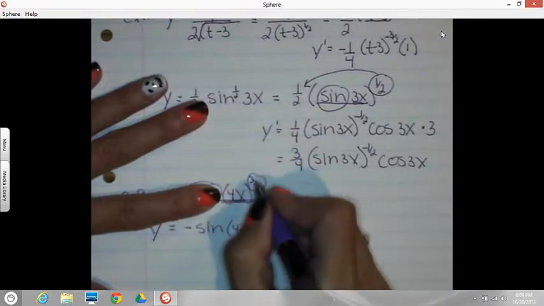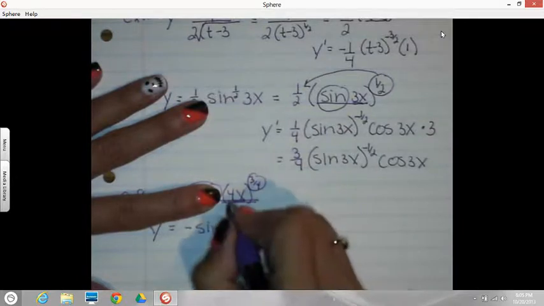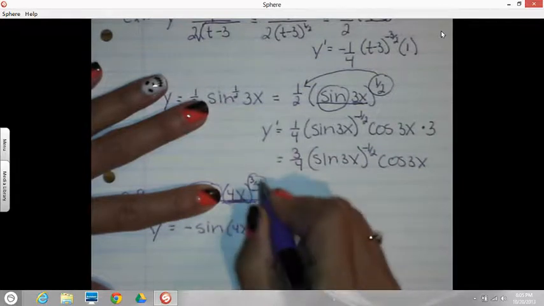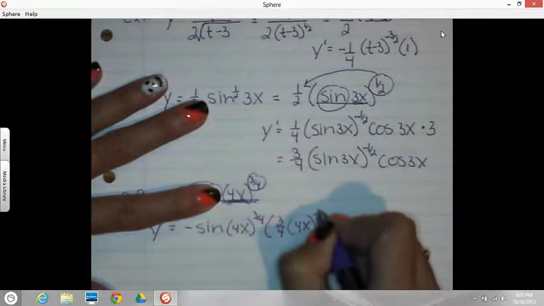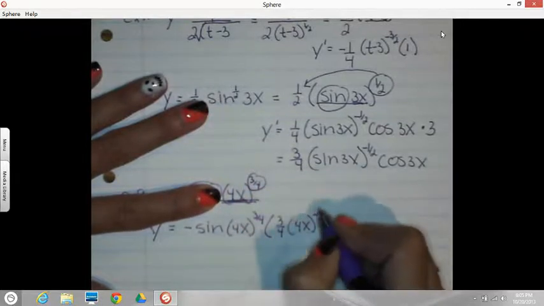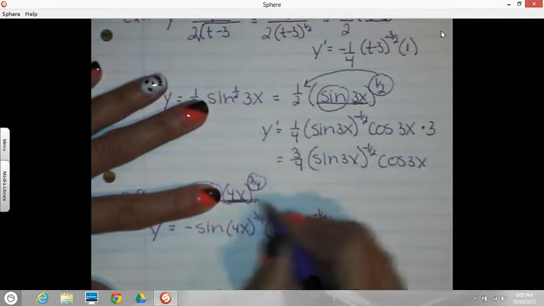This 3/4 is going to come down, get multiplied by this, keep it the same, to the 1 less power. That'll give me negative 1/4 when I subtract 4/4. And then times the derivative of the final inside. Derivative of the inside is a 4.